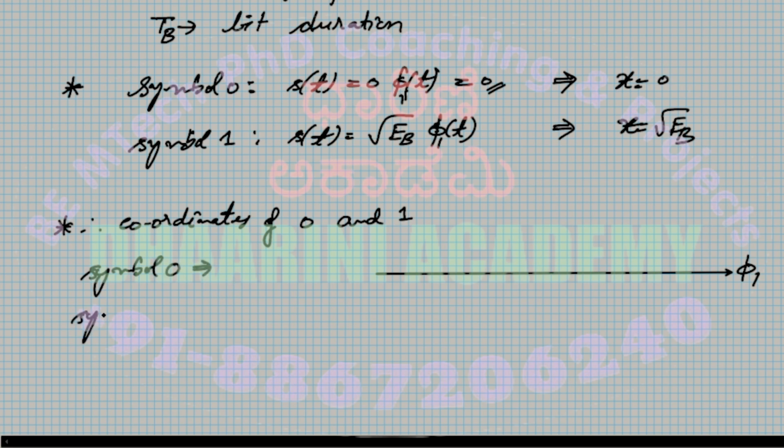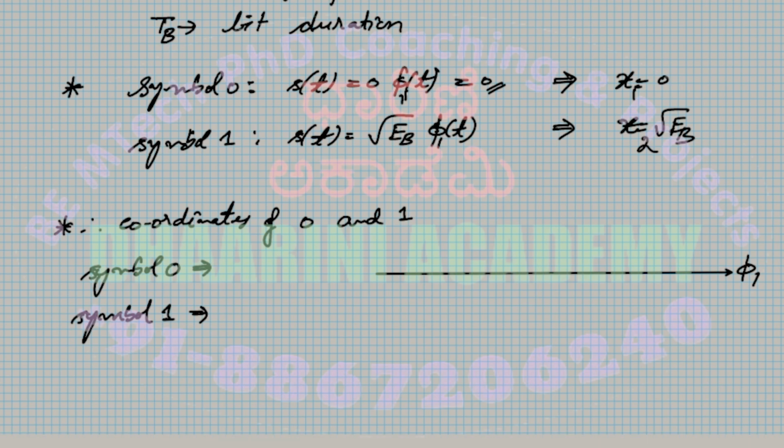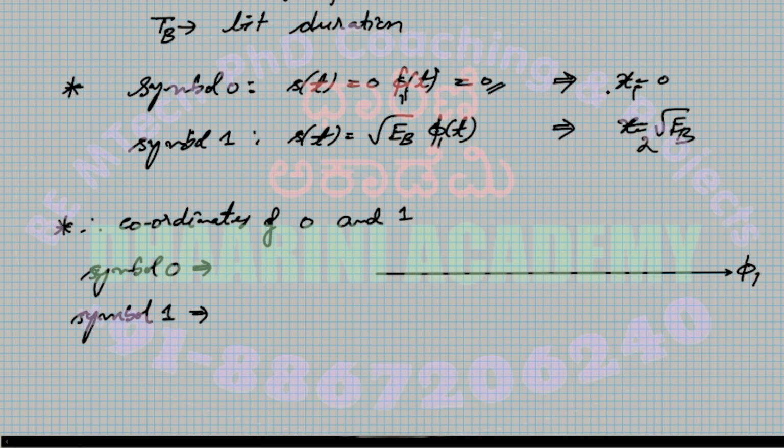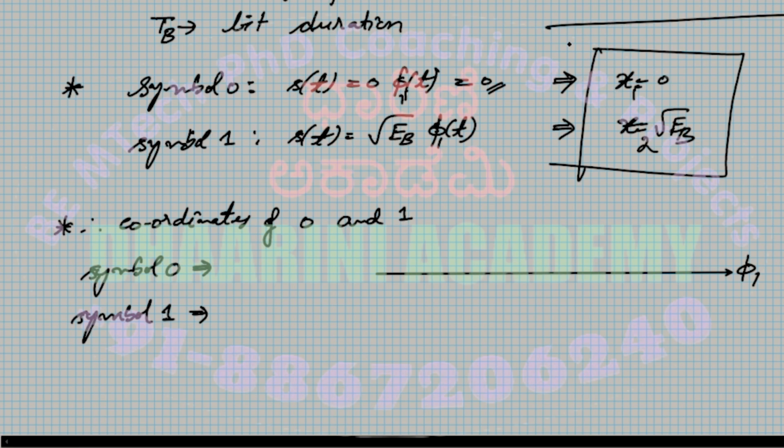For symbol 1, I'll write another coordinate. You can say x1 equal to 0, x2 equal to root e. It's still the same, right? Because they are two different points. That's all. Correct? On the x-axis, the first value denoted by x1 is 0. The second point I denote as x2, that is equal to root e. Anyway, we are not going to use this x and y notation. I go to it just for understanding purposes.